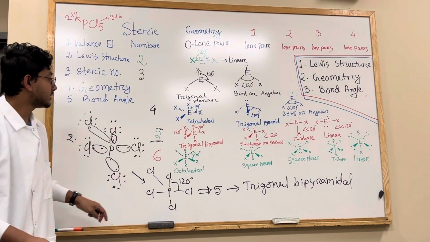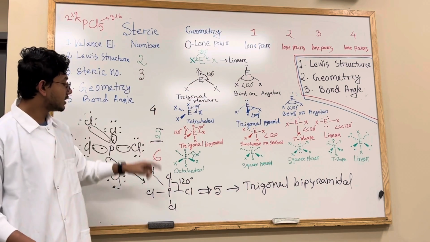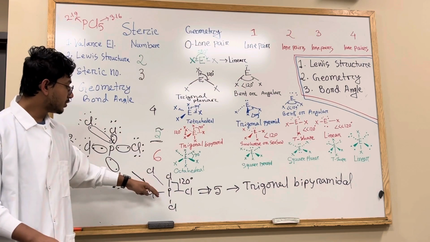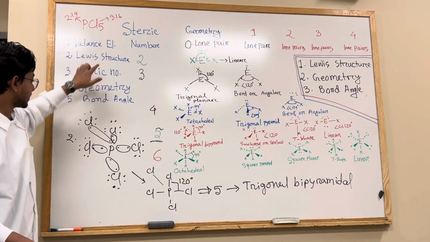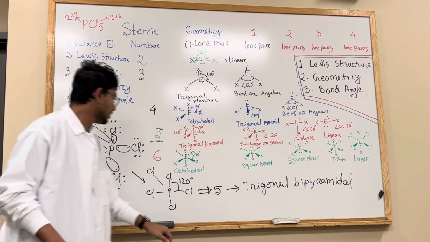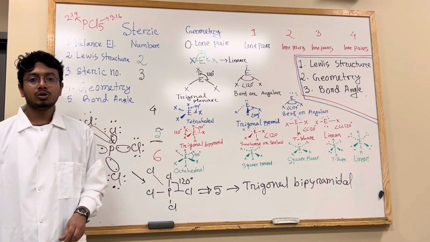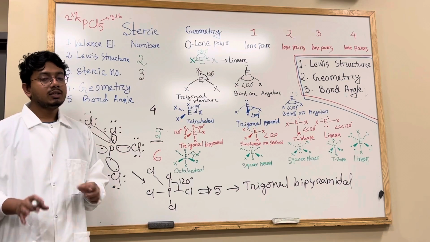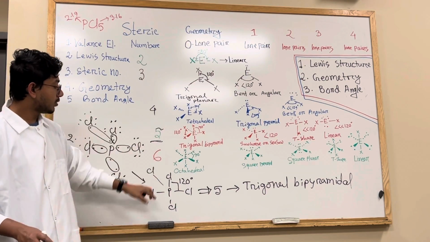You can see that in this structure there is no impact of lone pair electrons on the bond angle, because there is no lone pair. So you have the Lewis structure, the trigonal bipyramidal geometry, and the bond angle of 120. These are the 3 things, and as a bonus point you can see there is no impact of lone pairs on the bond angle.